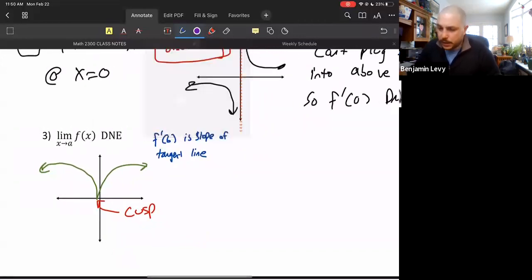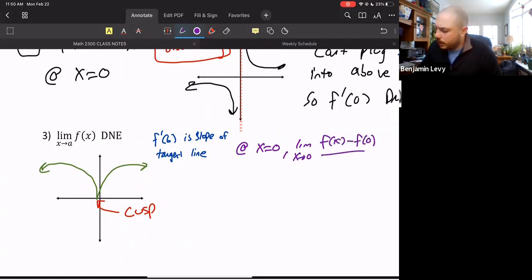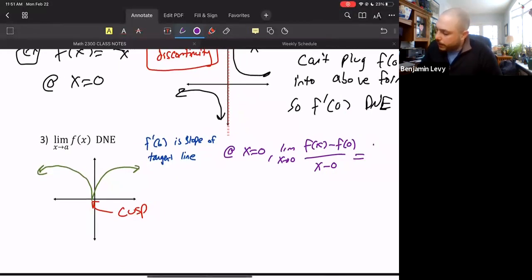So what I'm trying to say here is at x equals 0 in this particular picture, if we tried to look at the limit as x goes to 0, so we tried to calculate the slope of the tangent line, we would end up with infinity, or infinity over 0, which is even worse, right? And the reason for that is because there's a vertical tangent line at 0.